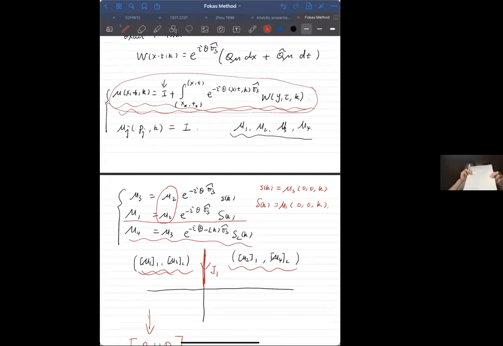Actually, I have a table, but I don't want to write it. Each different column is analytic in a different quadrant, and you can analyze this. Actually, it's very easy to see from the integral equation. As long as the exponential is decaying, then it is analytic.